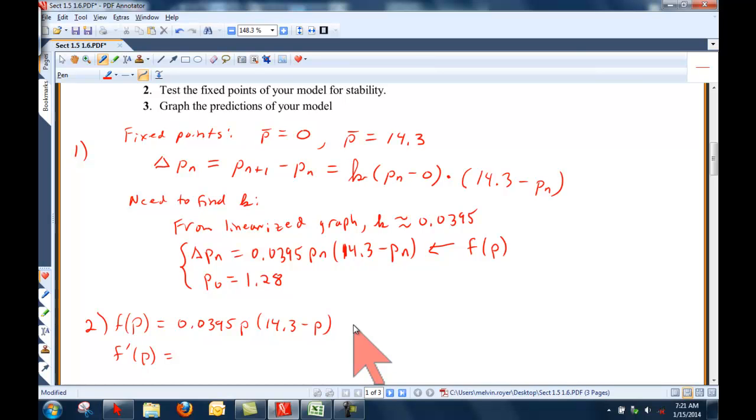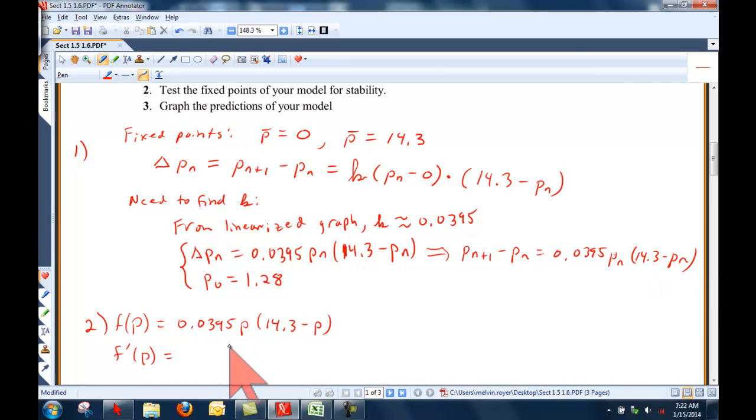Oh, hang on just a second, conceptual mistake on my part. Maybe you caught it, maybe you didn't. Not quite. On the left-hand side here is delta Pn. That's Pn plus 1 minus Pn. Let's go ahead and write that out. So I know that Pn plus 1 minus Pn equals 0.0395 Pn times 14.3 minus Pn.